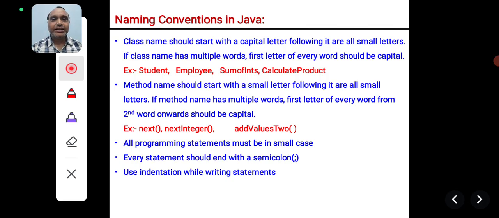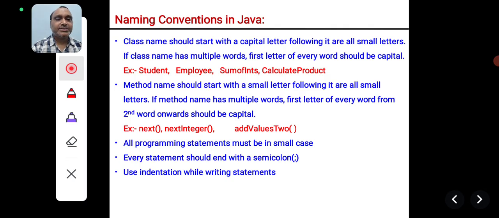If you write programs like that, you can easily identify the block belonging to a method, the block belonging to an if statement, and the blocks of statements belonging to a for loop or while loop. So all this you can easily identify.